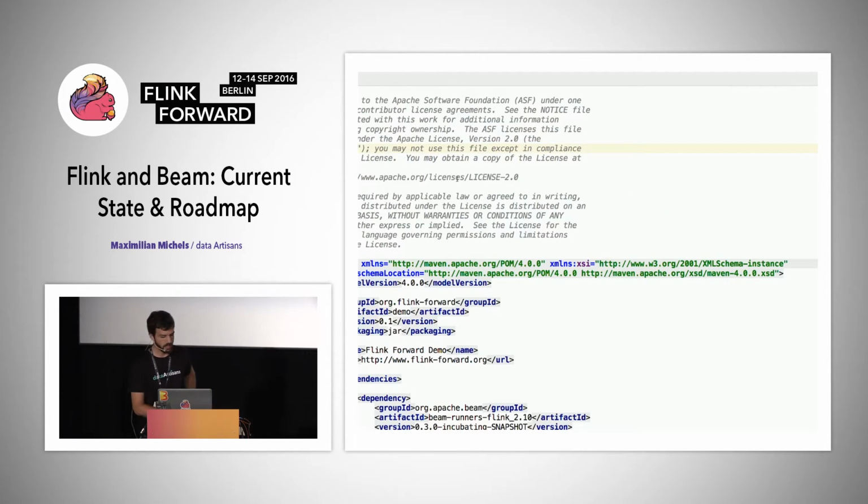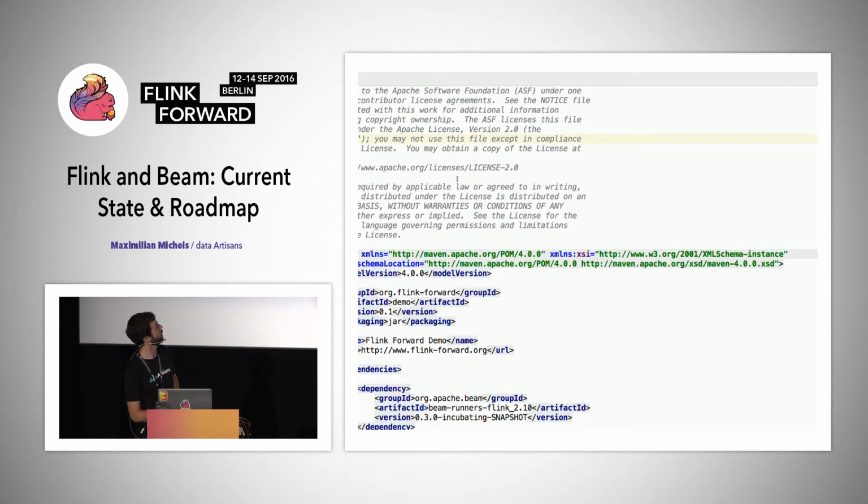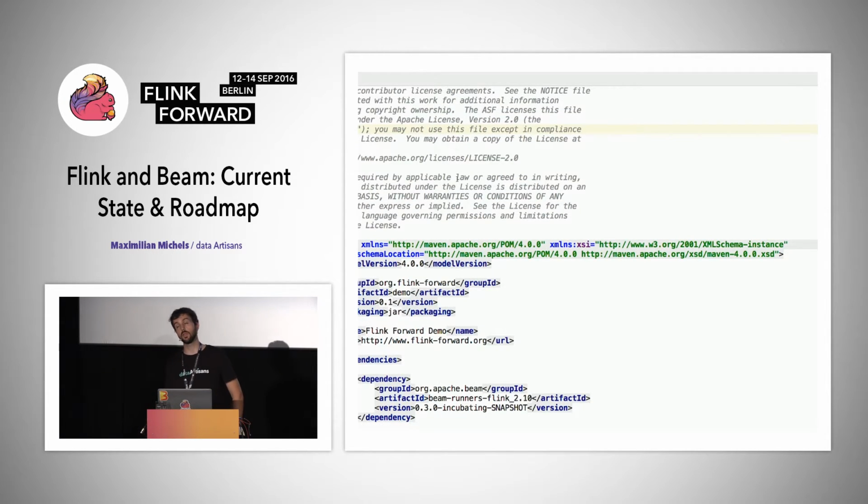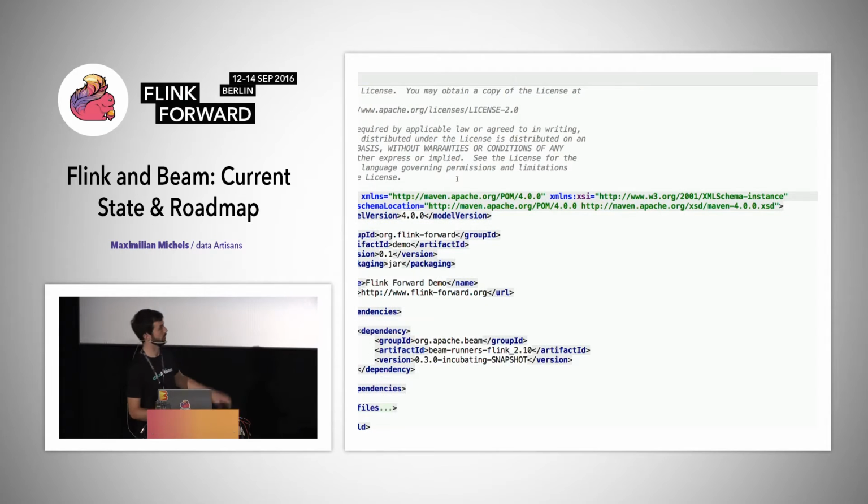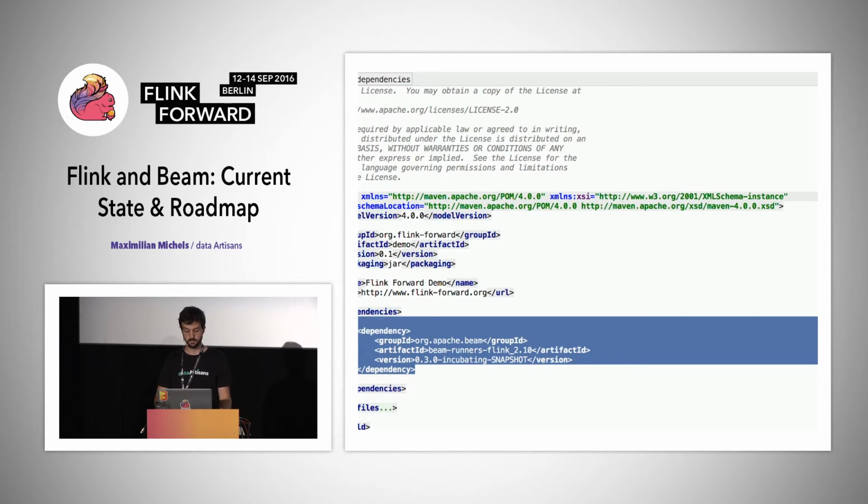So I created this very simple Maven project using the quickstart on the Apache Flink homepage, and all I did was go into this quite verbose Maven XML file and add a dependency on the Flink Runner.